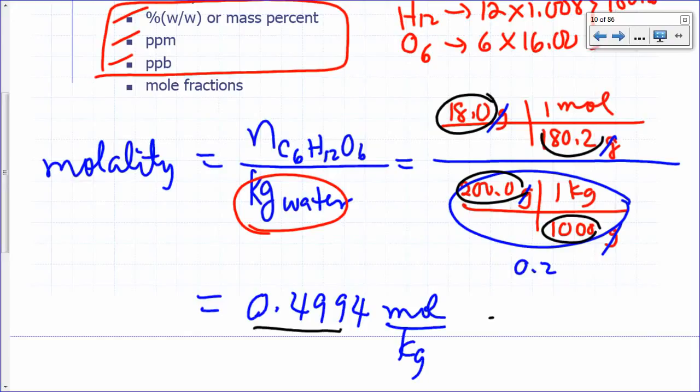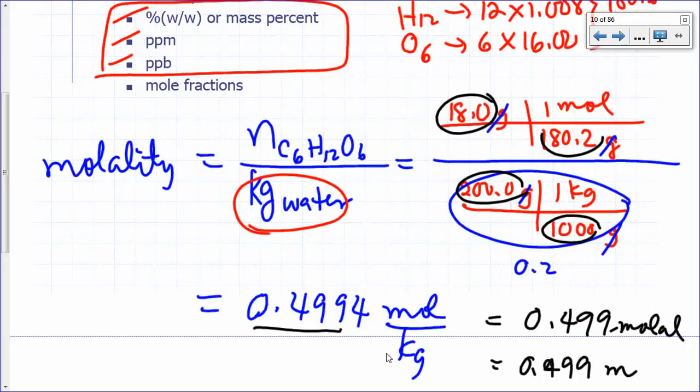So it's 0.499. So this solution we say is 0.499 molal, if you want to write it that way. Or you can just abbreviate it, 0.499, and then little m is the abbreviation for molality.